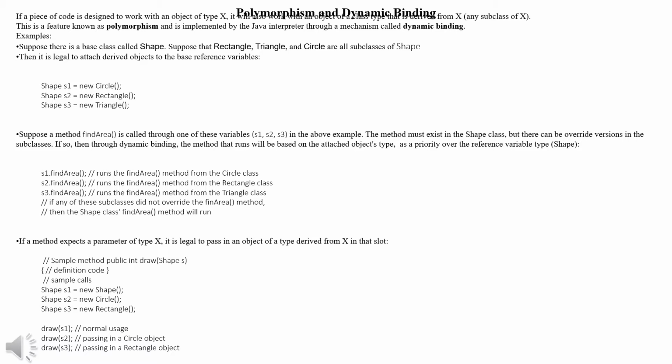Polymorphism is implemented by the Java interpreter through a mechanism called dynamic binding.